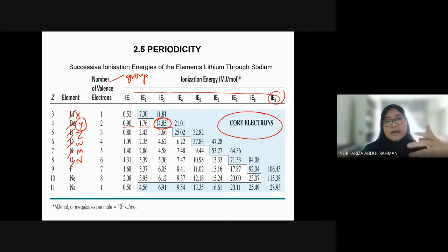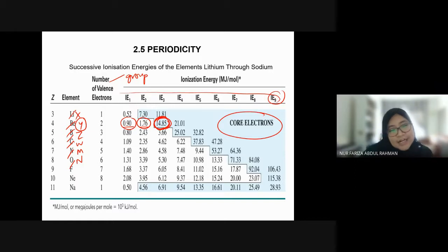So this indicates that we can know that these two are the two valence electrons. Faham tak? Dia ada 2 valence electron, sebab starting yang nombor 3 ni, IE3 ni ada sudden increase, ada sudden jump dekat situ. This sudden jump shows that the electron is being removed from the core or from the inner shell.